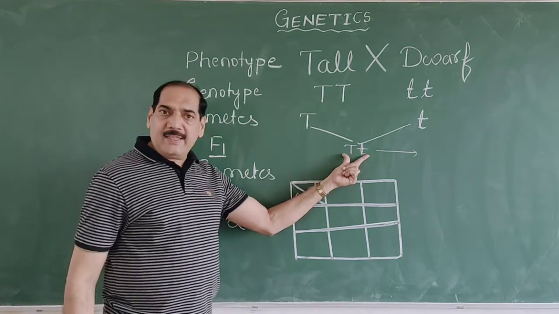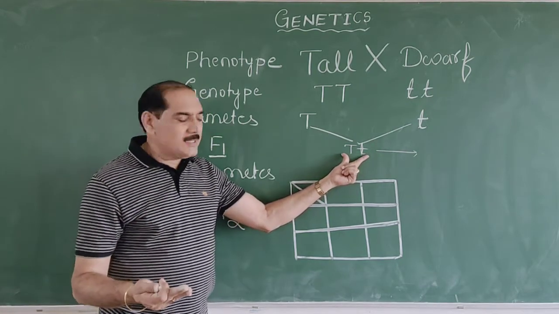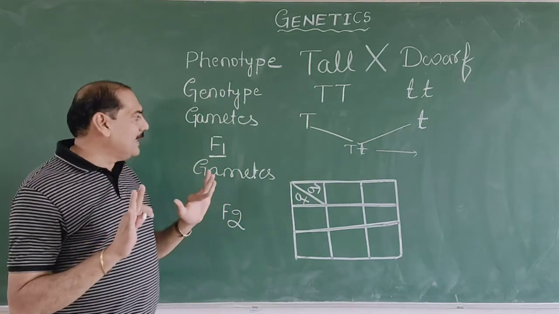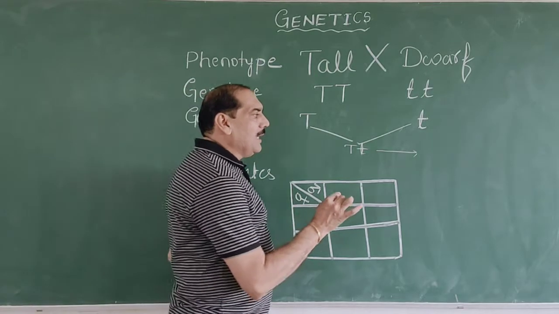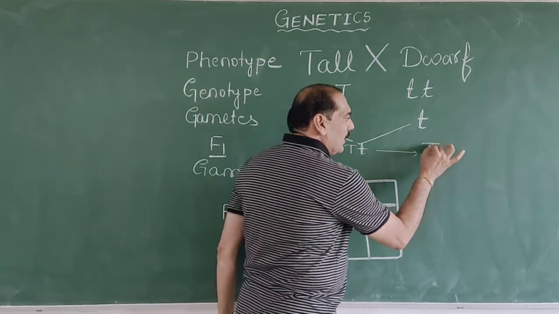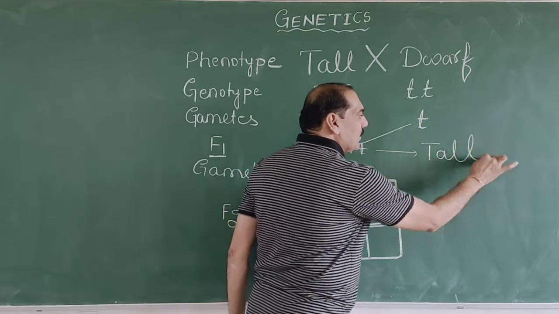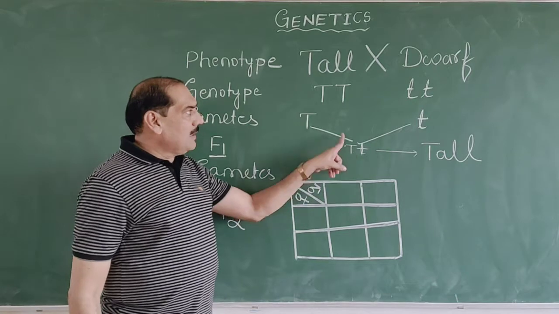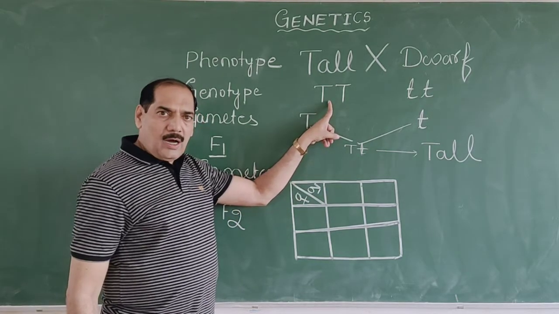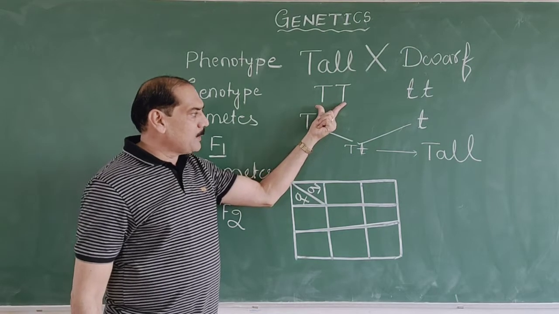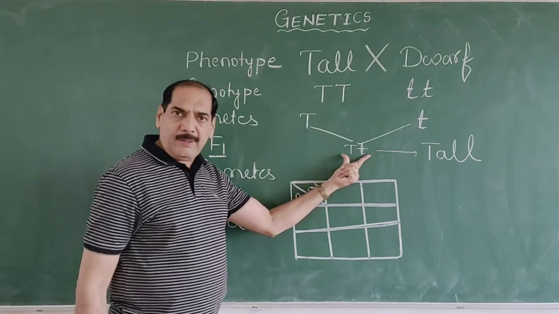So what will be the phenotypes of these F1 progeny? In F1 generation, all hybrid plants produced are tall. All are tall. This tall and this tall, are both the same? No doubt, height of this plant will be same.